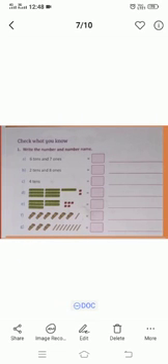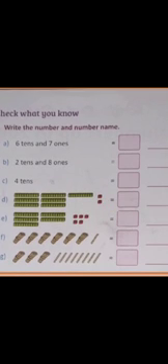Check what you know. First question. Write the numbers and number name. Look at the first question. 6 tens and 7 ones. So what is the number? Ones place 7, tens place 6.